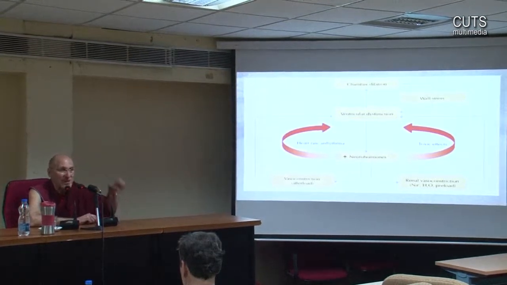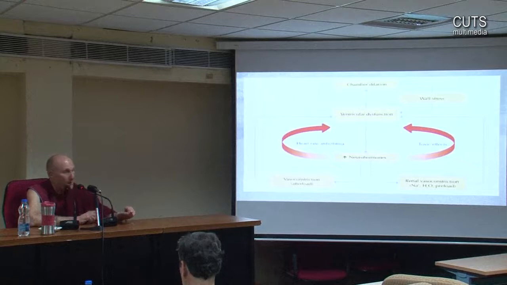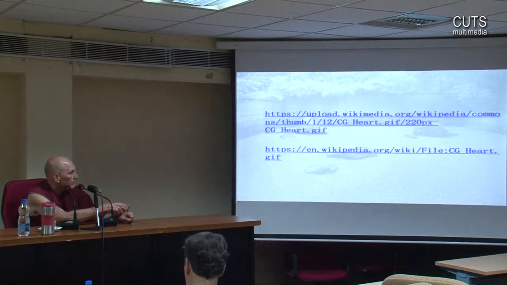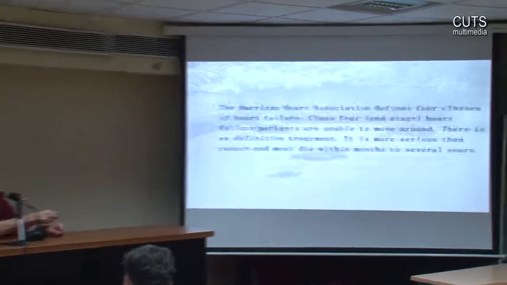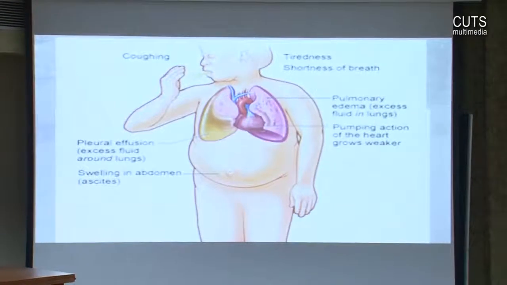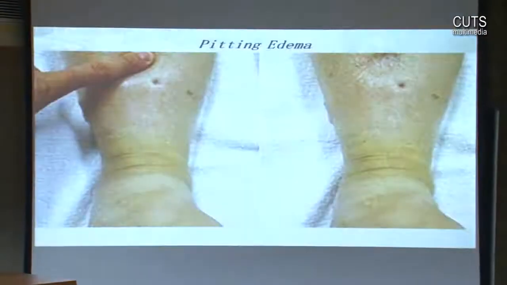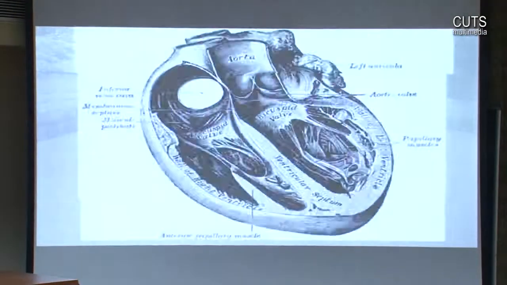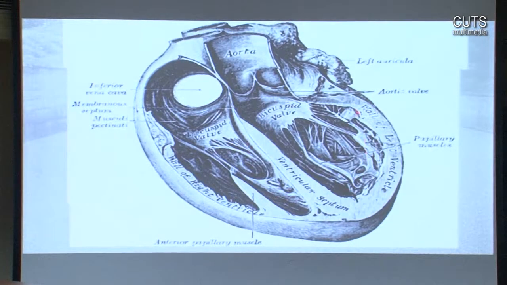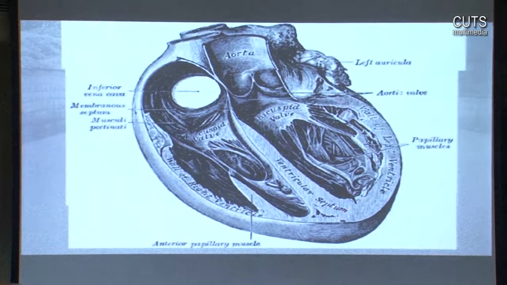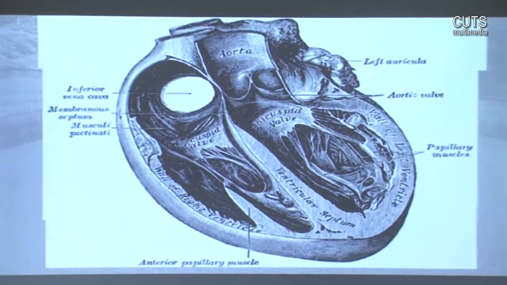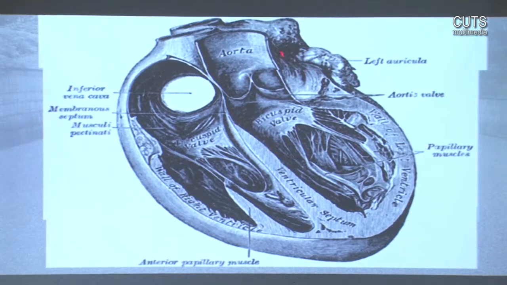One is where you have extra beats, either coming from the ventricle wall, usually the left ventricle wall, or coming from the atrial wall. We don't see the atrium well, but the wall here.